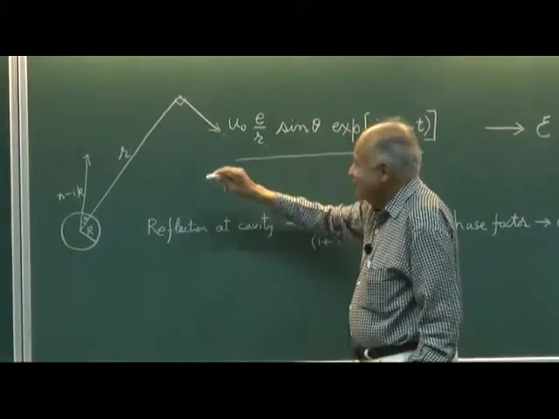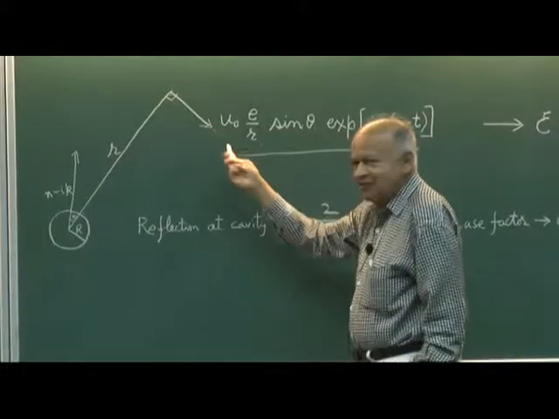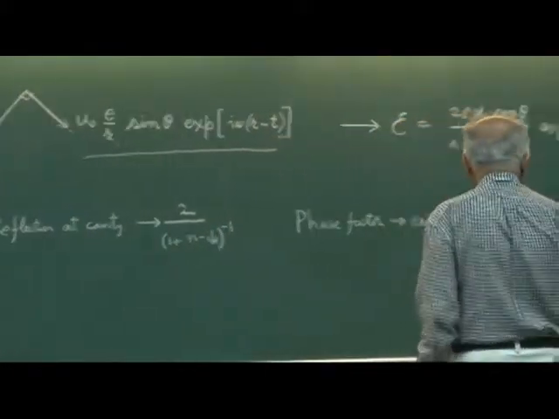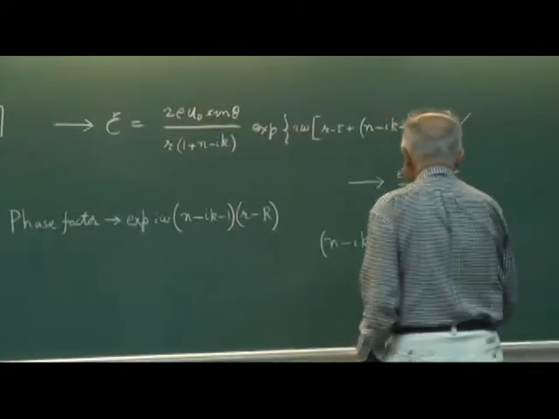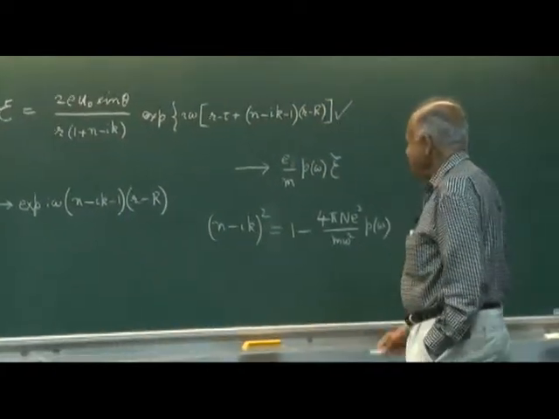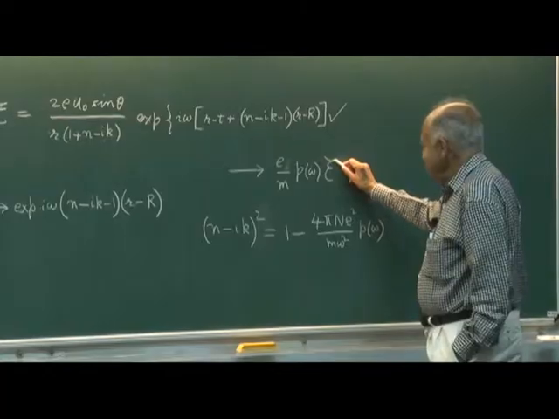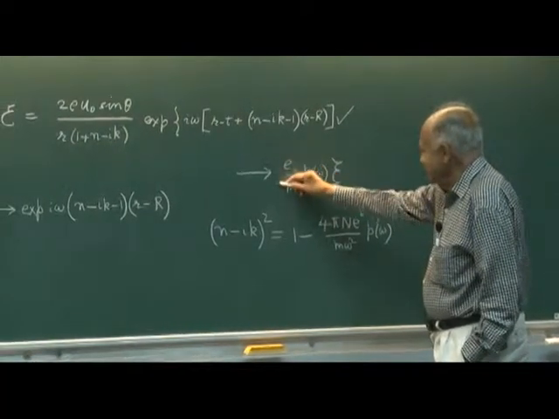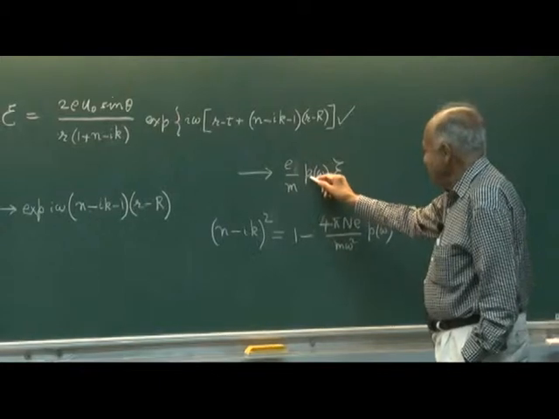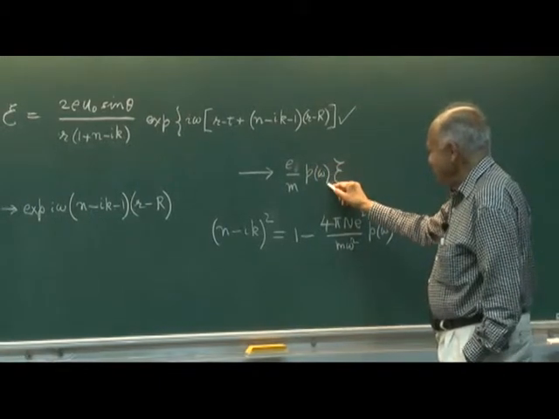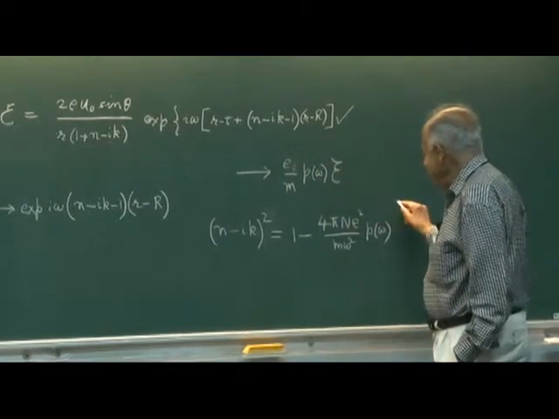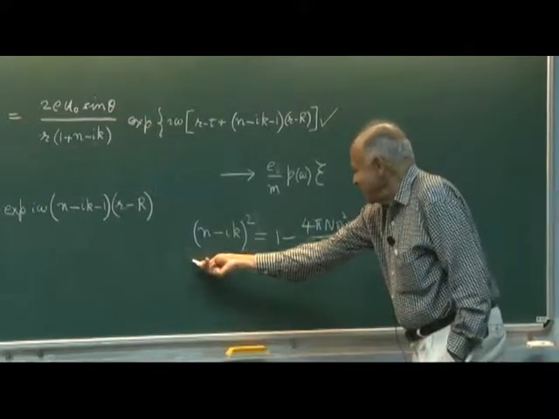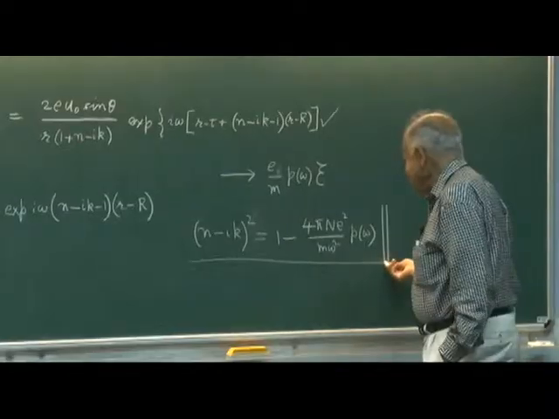Now the absorber will respond to this, and if the electric charge is E, you can say that if the electric field is E, the absorber will behave as E upon m, P of omega, where P of omega is a function which comes in this particular fashion.